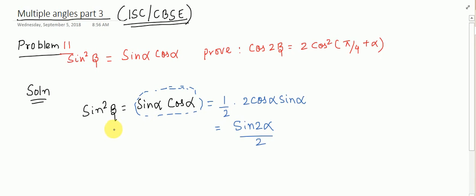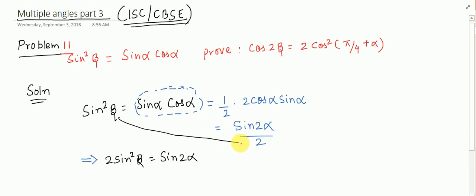I guess that's fine with us. So I can reframe this equation right now by writing 2 sine square beta is equal to sine 2 alpha. Is that clear to everyone? I just cross multiplied this 2 with the sine square beta term.